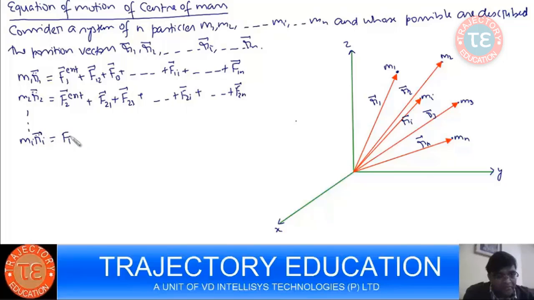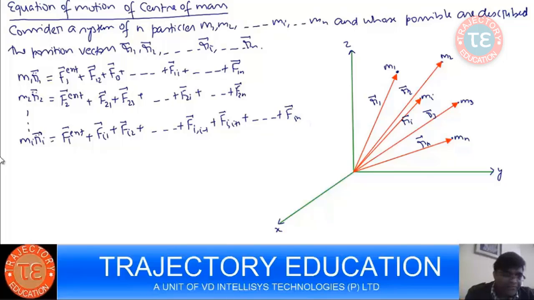So that will give me fi external, fi1, fi2, and this will be fi i minus 1 plus fi i plus 1 plus fin.